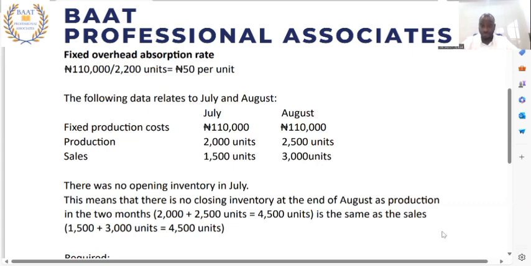and August. So if we have no opening inventory in July, what that means is that our total production in July and August combined will be 4,500 units. And our total sales in July and August combined will be 4,500 units.